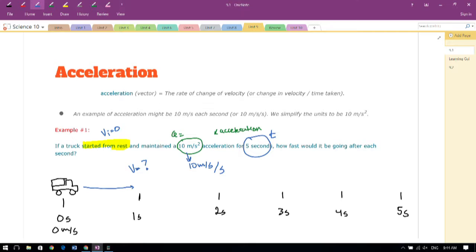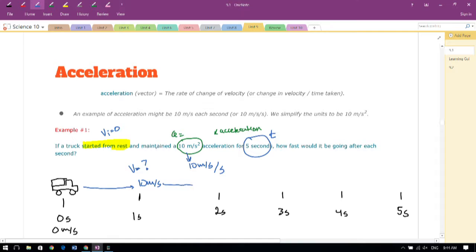But if you think about 10 meters per second, each second, what would you guess if you had a second guess, perhaps? 10 meters per second. You would, in fact, be going 10 meters per second after 1 second.